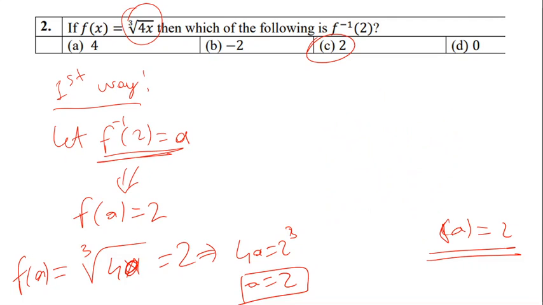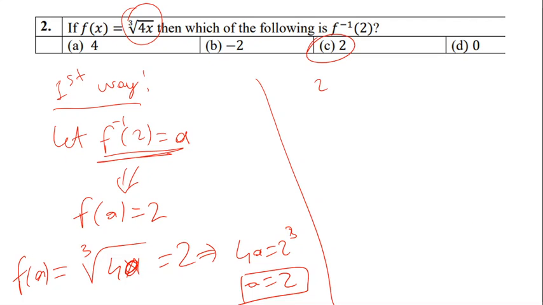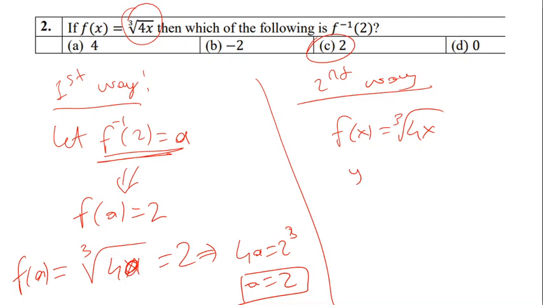The other way, the second way, is you can try to find the inverse of this function here. You can use your method to find the inverse, and I will use mine. Cube both sides.